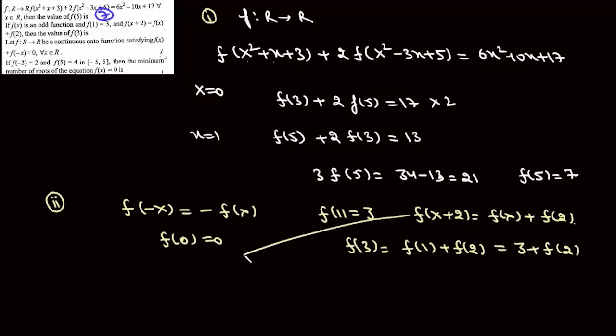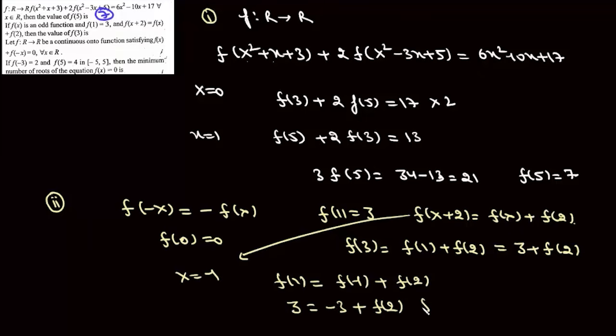What we'll do is, in this, we'll put x as minus 1, we'll get f(1) equals f(minus 1) plus f(2). Now f(1) is 3, f(minus 1) is minus f(1), so there'll be minus 3 plus f(2). That means value of f(2) is 6. So clearly f(3) is 3 plus 6, 9. So answer to this second question is 9.